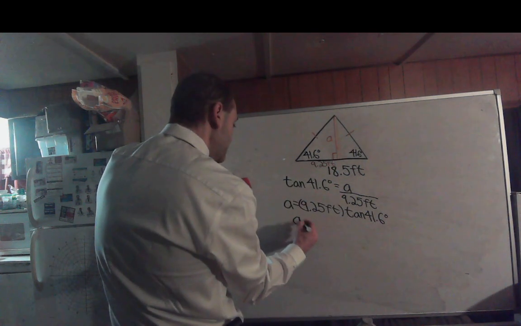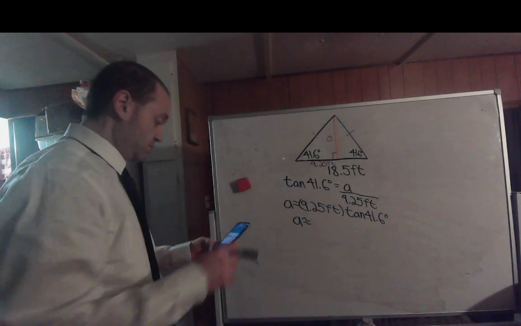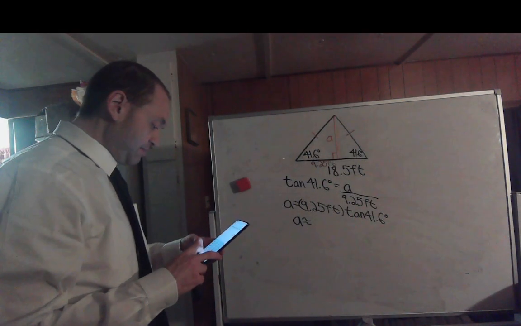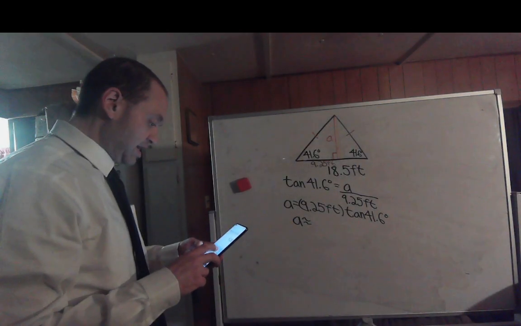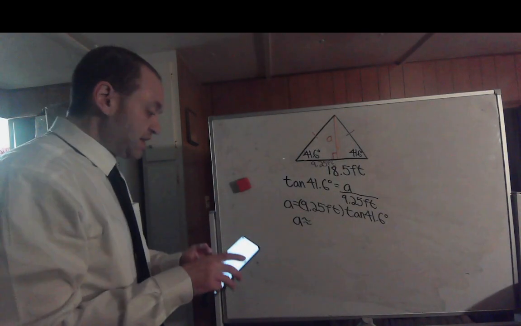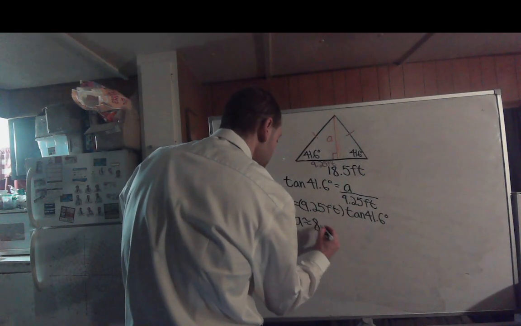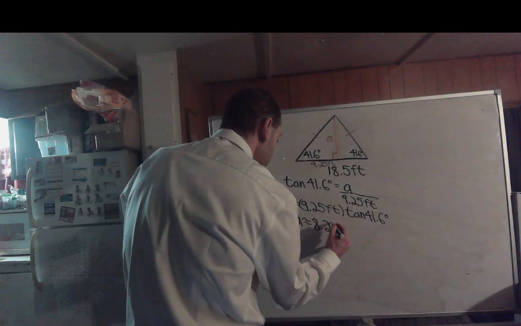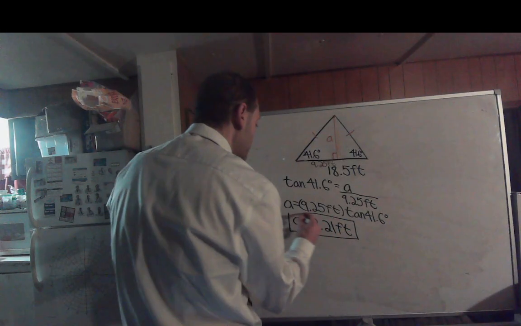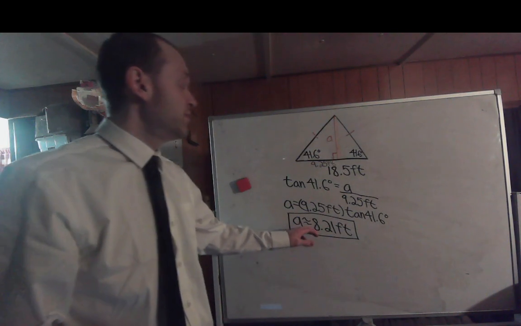So now we should be able to get a 2 decimal place approximation for the height of the altitude. So 9.25 times the tangent of 41.6 gives you an altitude height of about 8.21 feet. So the altitude has a height of about 8.21 feet.